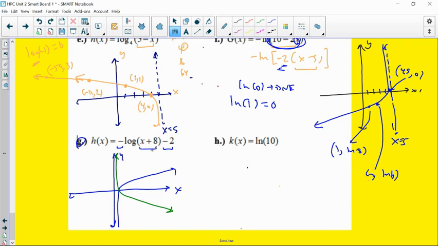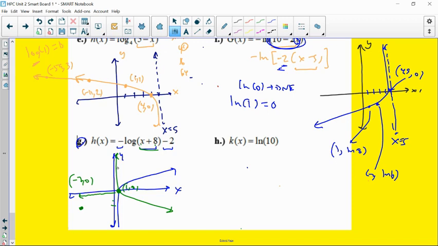So I'm going to take that image and shift it to the left 8 and down 2. I'm going to keep track of that point. If that goes to the left 8, it was 1, 0. So going to the left would now be -7, 0. And again, -7 makes that plus 8 a 1, and log of 1 is 0. And then I need to shift that down 2. So that new point is going to be right there.